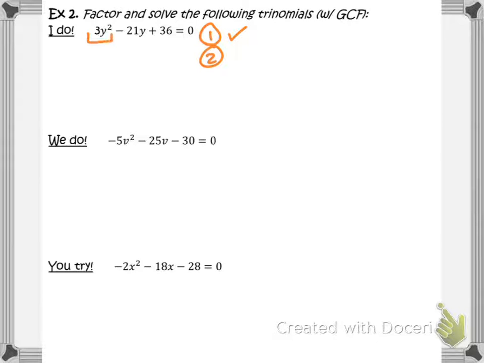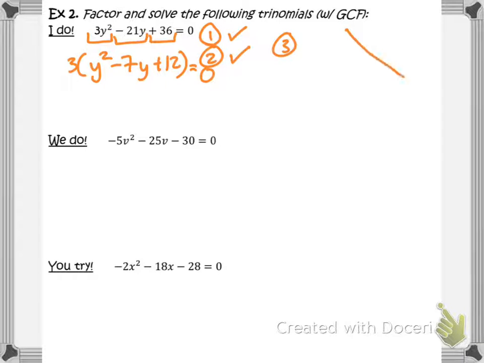So from all 3 terms, I can factor out a 3, and I'm left with y squared minus 7y plus 12. Okay, so that is going to be step 2. Now after step 2, step 3 is going to be doing your magic X puzzle.